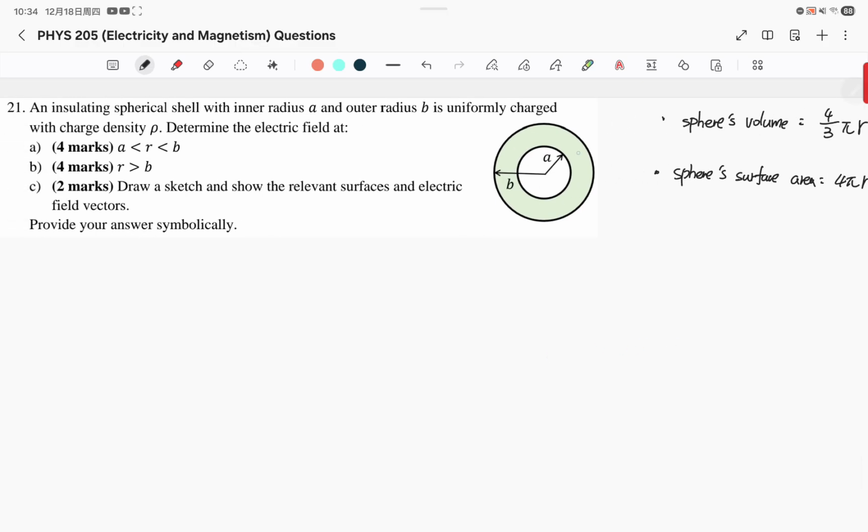Question A, when A is smaller than R is smaller than B. Let's say R is right here. Draw the Gaussian surface.